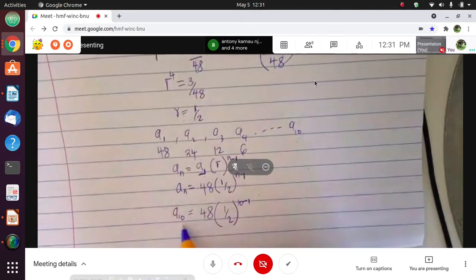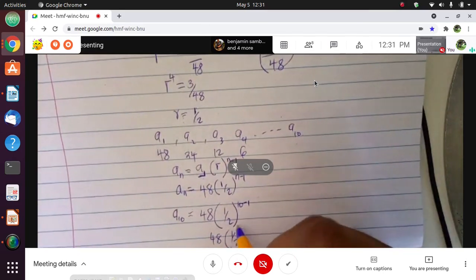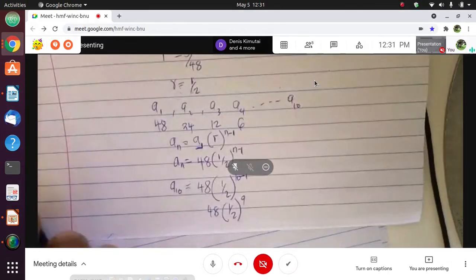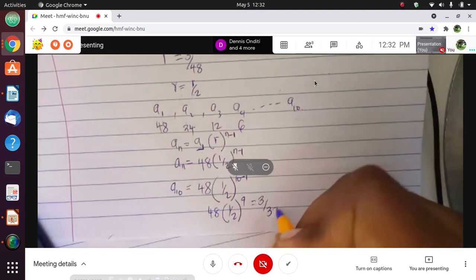So we just plug 10 where n is. Therefore 48 times a half raised to 9. What will be the value of our 10th term? Three over 32.